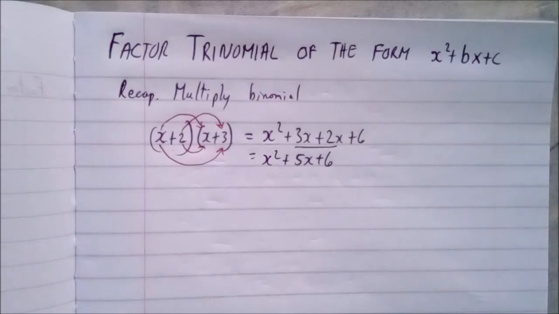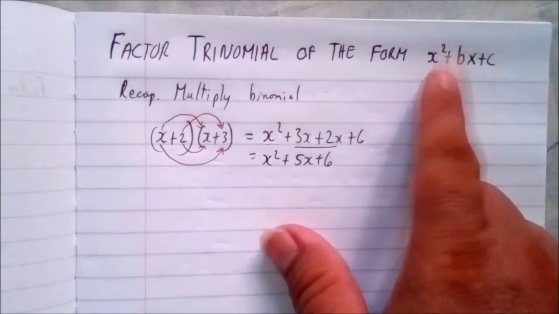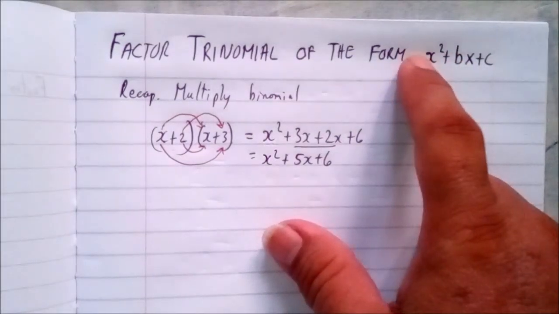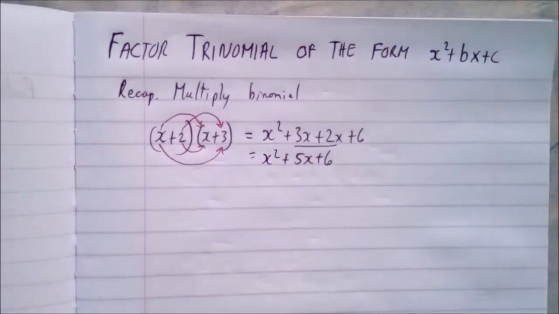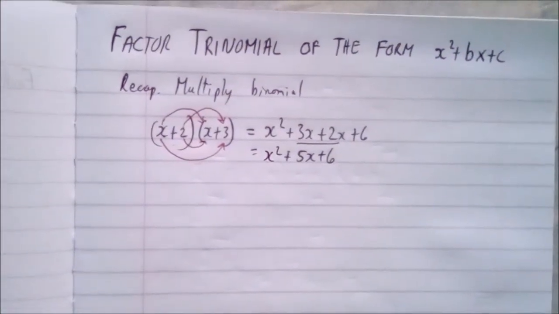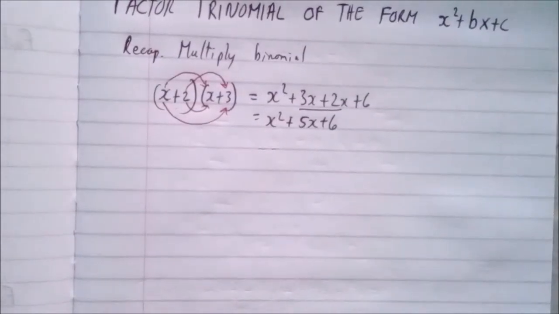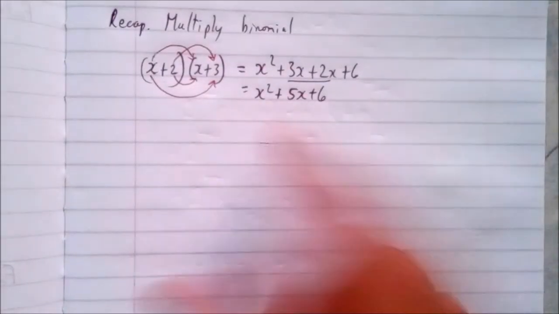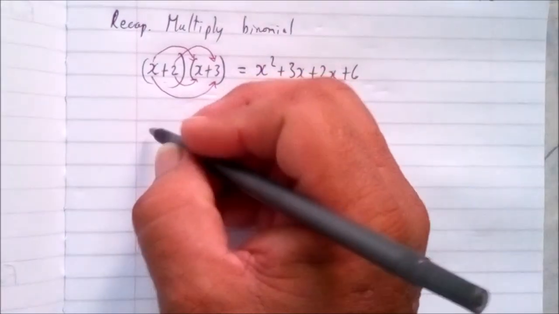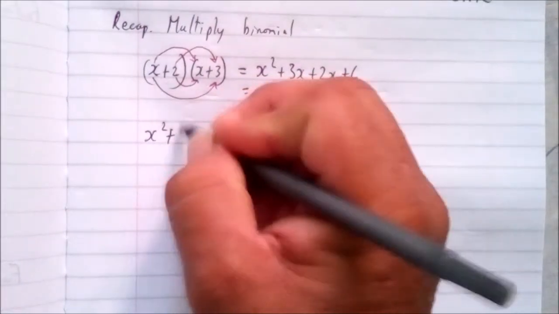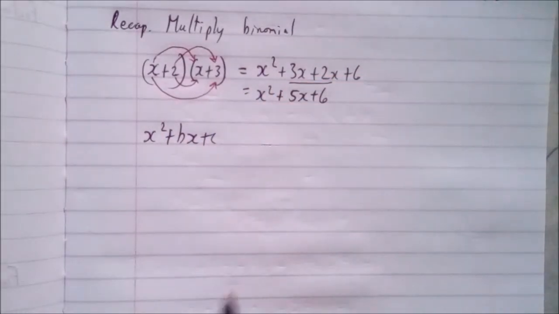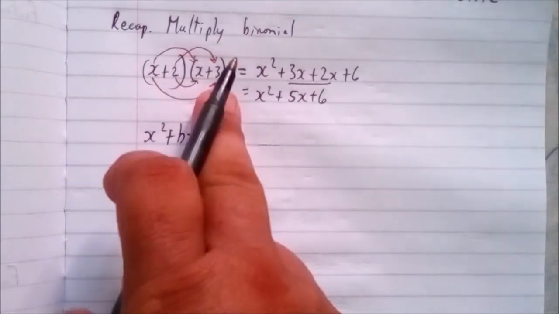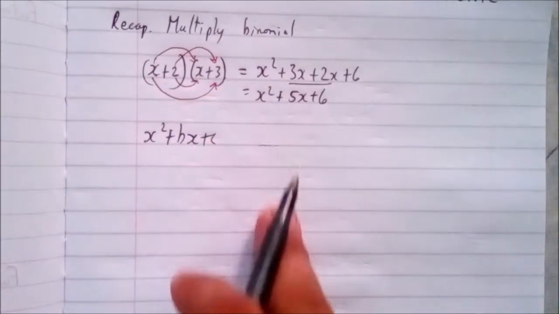But for right now, let's work with trinomials where the value of a is 1. So let's develop a method for the form x squared plus bx plus c. We multiply the two of them, and then we'll see what happens.